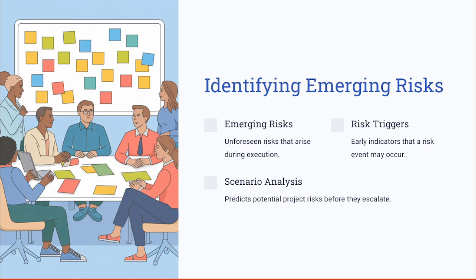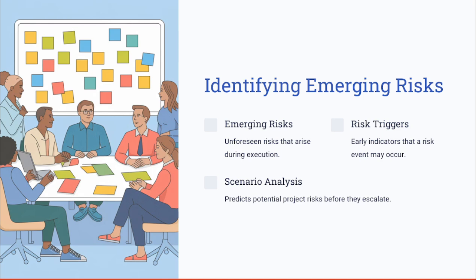So these emerging risks were not part of the initial list. Again, emerging risks are those which were not initially identified but arise as the project progresses. Effective monitoring of these risks includes identifying the risk triggers and using scenario analysis to predict and mitigate these risks before they impact the project.